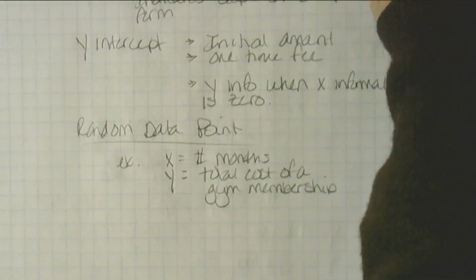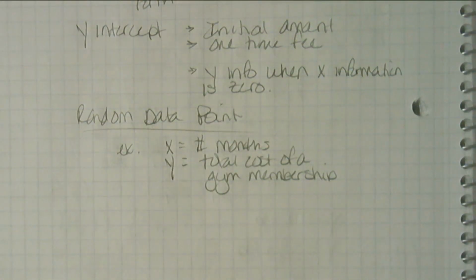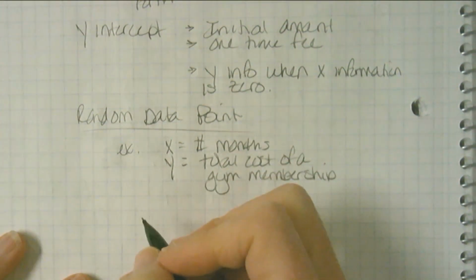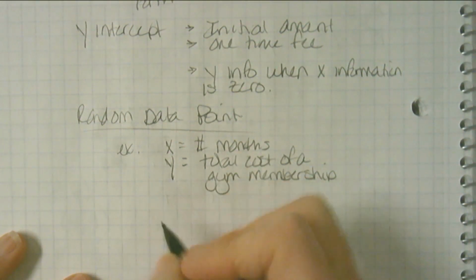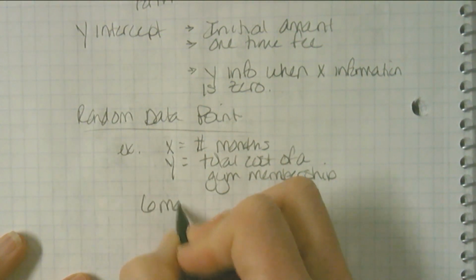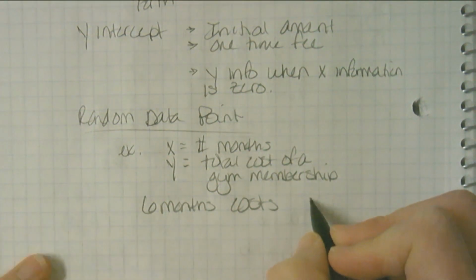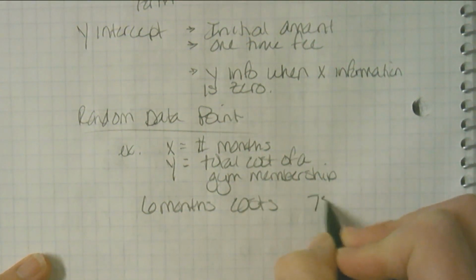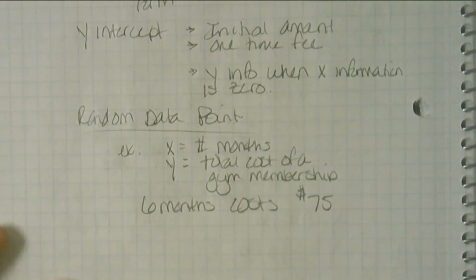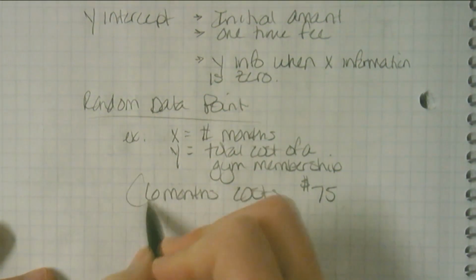They may not tell you the initial sign-up fee. They may tell you 6 months costs $75. This is a data point.